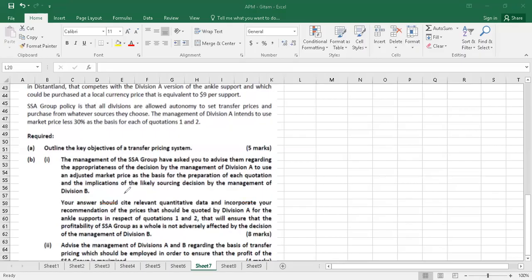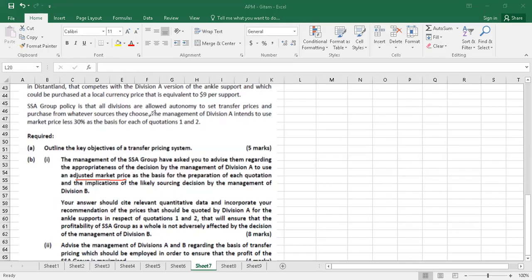The concept here is the management of SSC group have asked you to advise them on the appropriateness of Division A using an adjusted market price. What is that adjusted market price? In the last paragraph it is seen: SSC group policy is that all divisions are allowed autonomy to set transfer prices and purchase from whatever sources they choose.